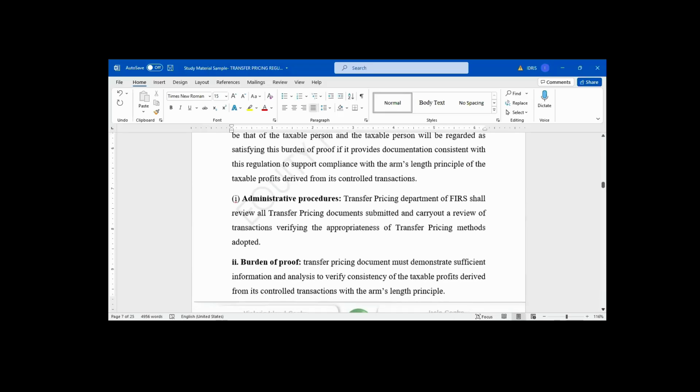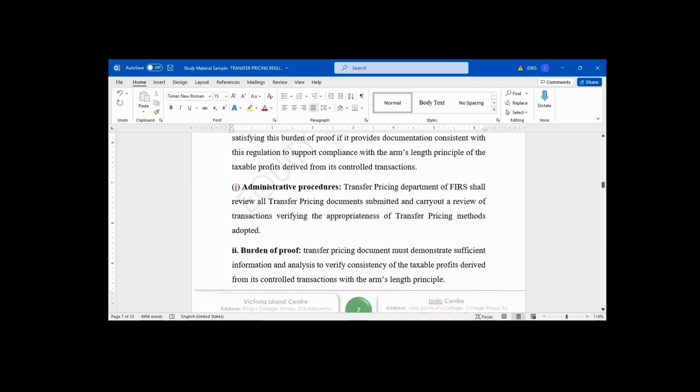On burden of proof, the report must be able to prove to the FRS that all the transactions you engage in as a company are carried out with the arm's length principle, and the profit that you make is a fair profit.